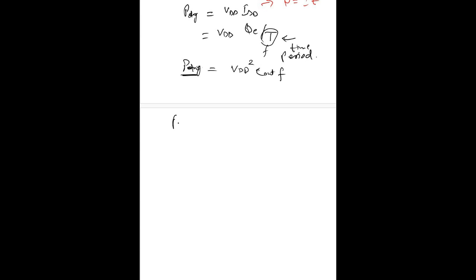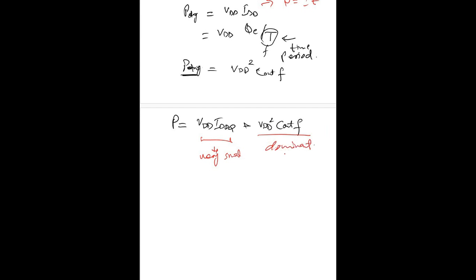So the total power is given by P is equal to VDD times IDQ, plus VDD square C out and F. This first term was very small, and from this expression we can see that this term is dominant.